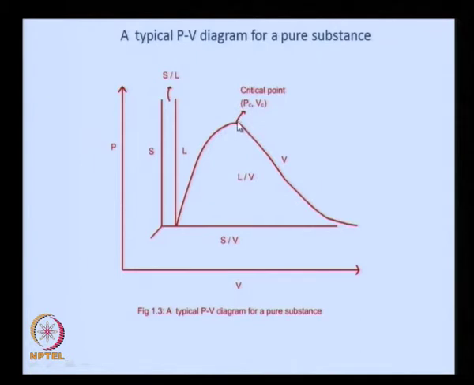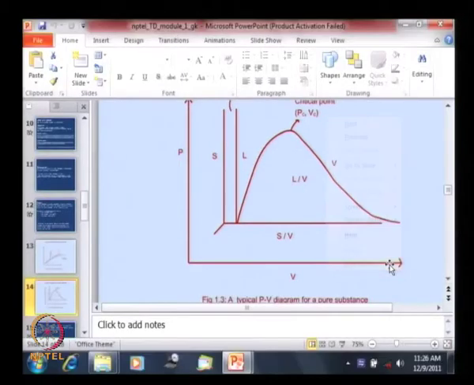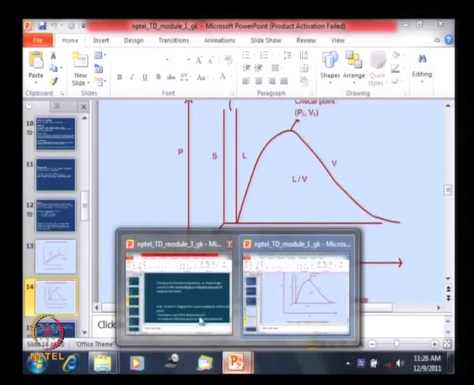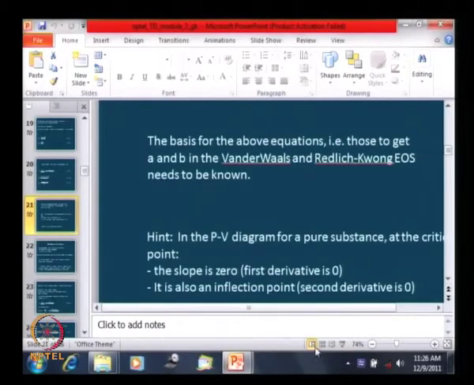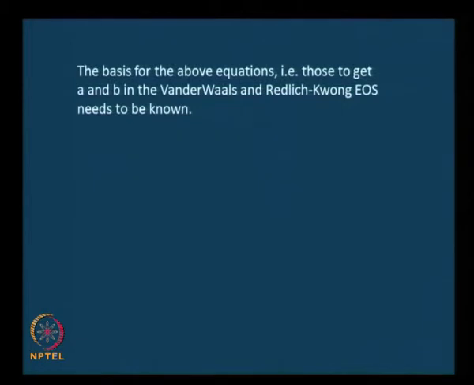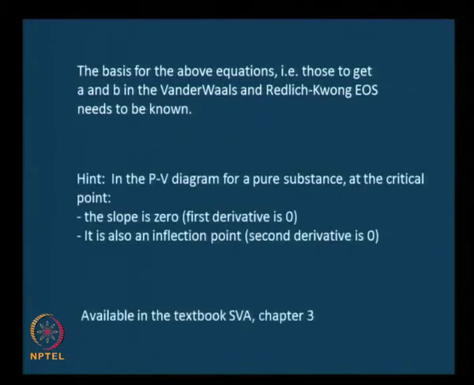We said we could use these two criteria or these two relationships that have become apparent to calculate the A and B values in terms of the critical constants. And this is actually available in your textbook chapter 3, if you want you can look at that.